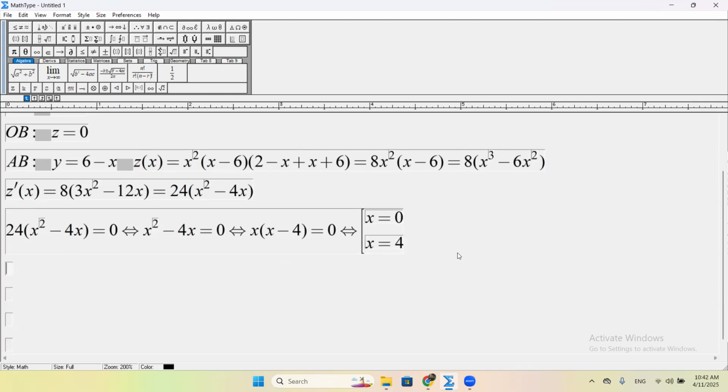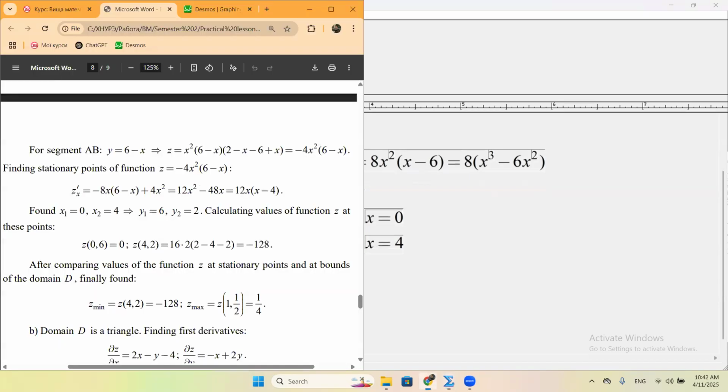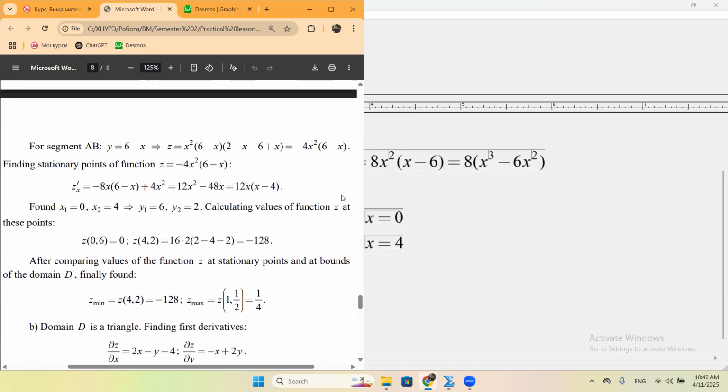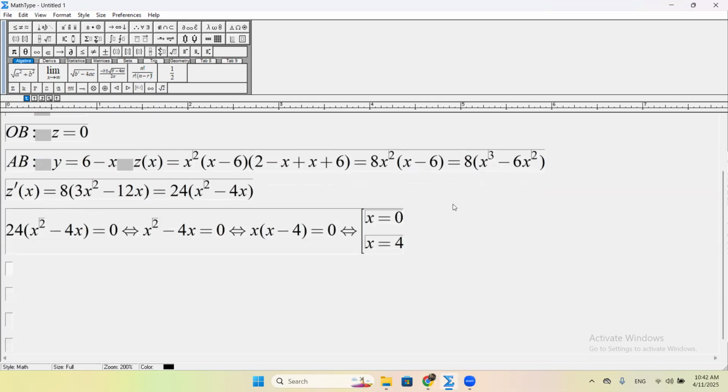So yeah, let me check here. Correct. So when x equals 4, we have the point M with coordinates 4 and 6 minus x, so 4 and 2.